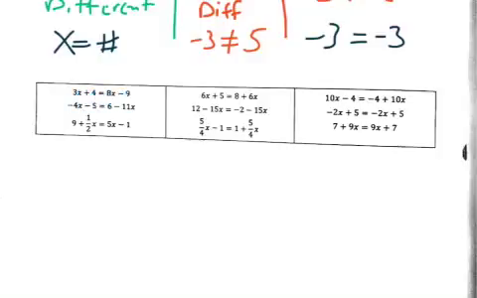If you look at this first equation, I notice that the coefficients are, let's see here, there's 3, there's 8, so those are different. -4, -11, that's different. Here I have a half, here I have 5, so I notice that they are different.